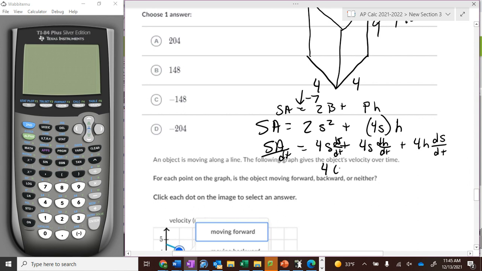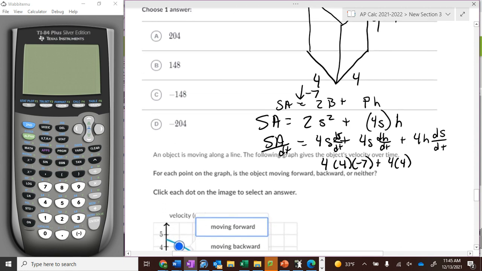So 4 times negative 7 plus 4 times 4 times 10 plus 4 times 4 times 9 times negative 7.